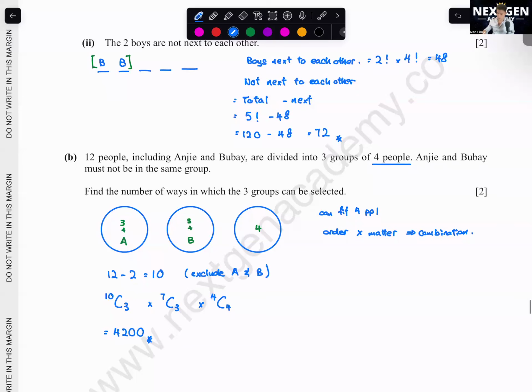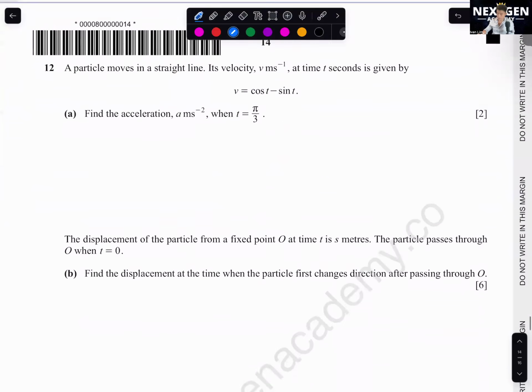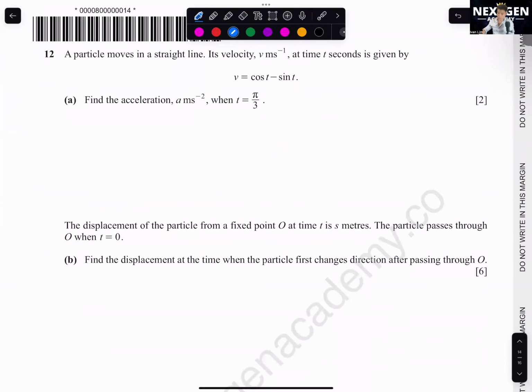Question 12 is on the topic of kinematics. A particle moves in a straight line. Its velocity v at time t seconds is given by v equals cos t minus sine t. Find the acceleration a when t equals pi over 3. We're going to find our favorite uncle, called Uncle Siva.